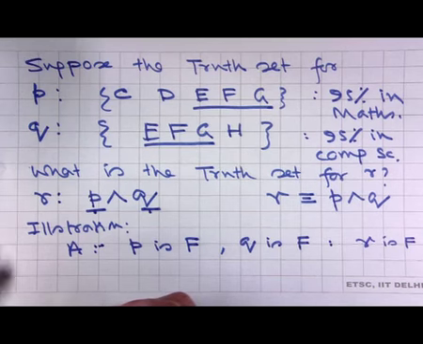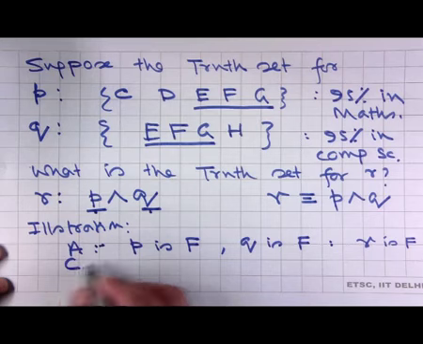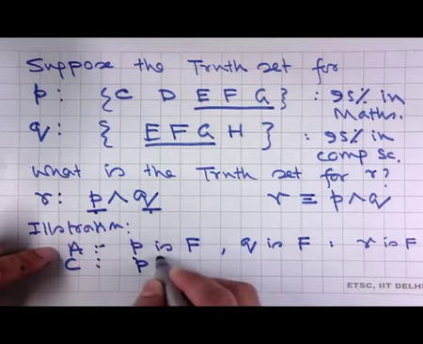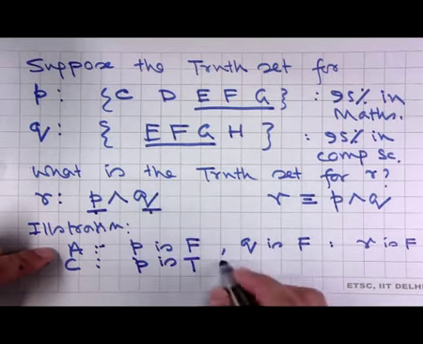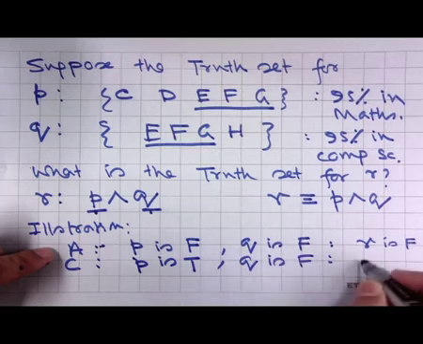On the other hand, if we consider C, for this student P is true, but Q is false, and we know R is also false.